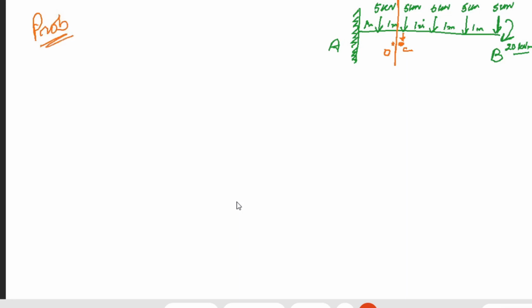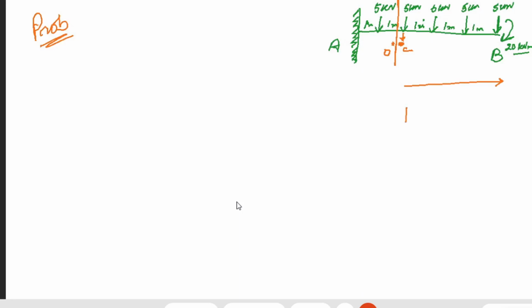First of all, we have to check only one side of the cantilever. We can do that by drawing the free body diagram of the segment to the right of the section. Let's say we are considering this portion to the right of the section.